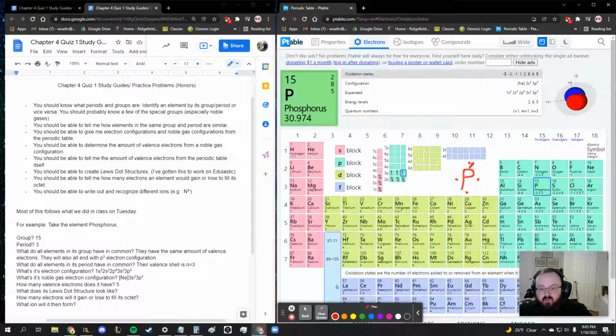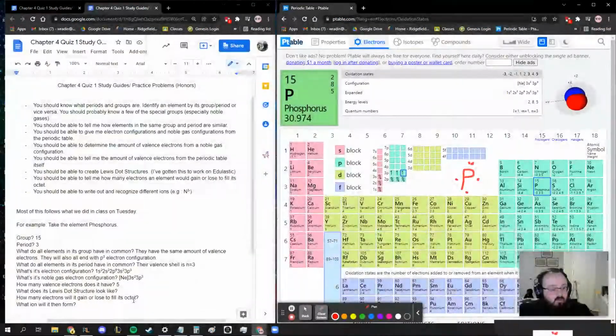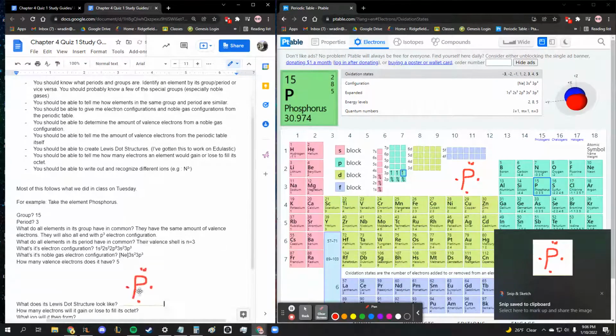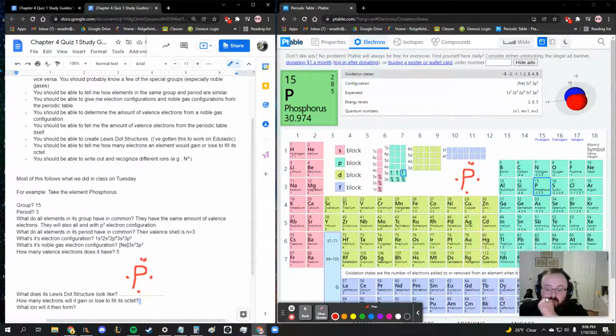The reason that we do it in this kind of order, we're going to get to that. Just bear with me. It will make sense a little bit. So there is our Lewis dot structure. Alright, that is all that I'm going to ask for scholars.